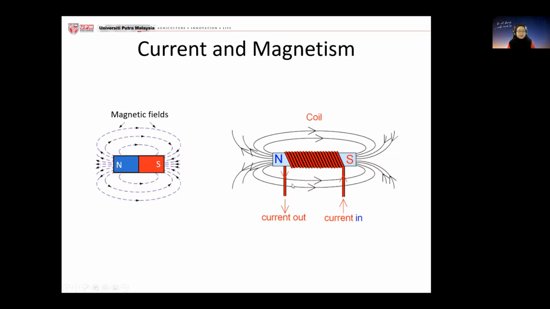It is known that if this is your metal, and you put a coil over it that is connected to a current, and you have a constant flow of current in and out through the coil, you are going to magnetize this metal. So you have normal magnets, or you have a metal which is magnetized through the use of current.